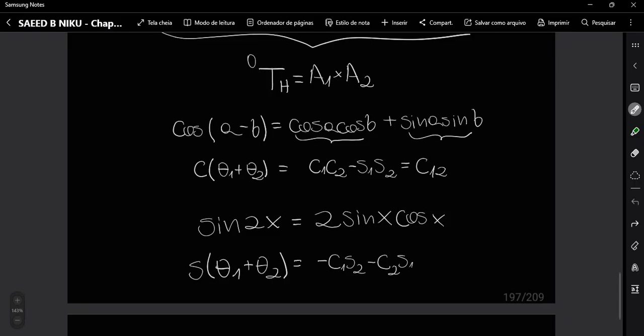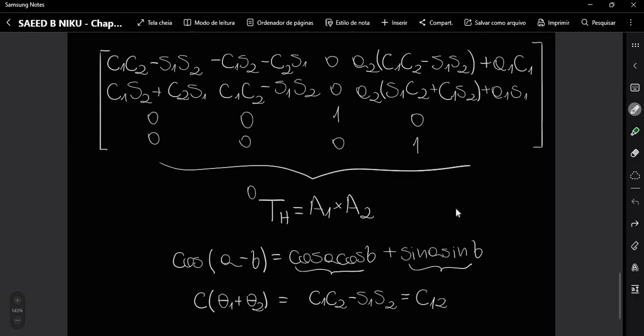If we recall this property, it says that for a sum or a subtraction of angles A and B, cosine of A minus B is equal to cosine of A times cosine of B plus sine of A times sine of B. And you can notice this property is very similar to what is written here in these elements of this matrix.